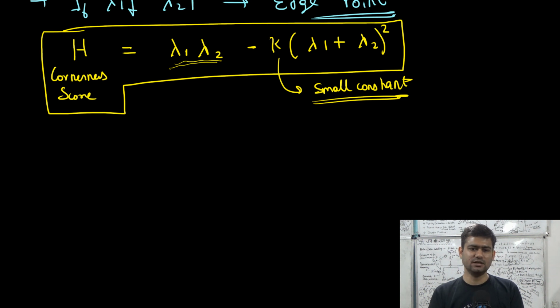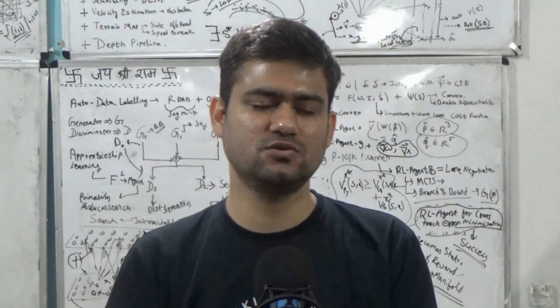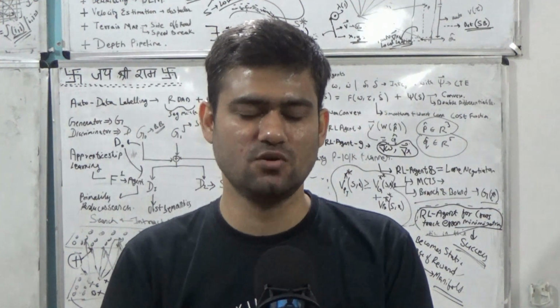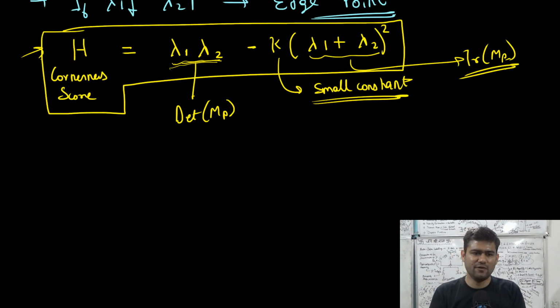We discussed earlier that the product of the eigenvalues is given by the determinant of matrix MP, and the sum of the eigenvalues is given by the trace of matrix MP. So the matrix MP is more than sufficient to compute the cornerness score of any pixel P. The value of k that we have used for some of the images that we would be showing you next is 0.04.